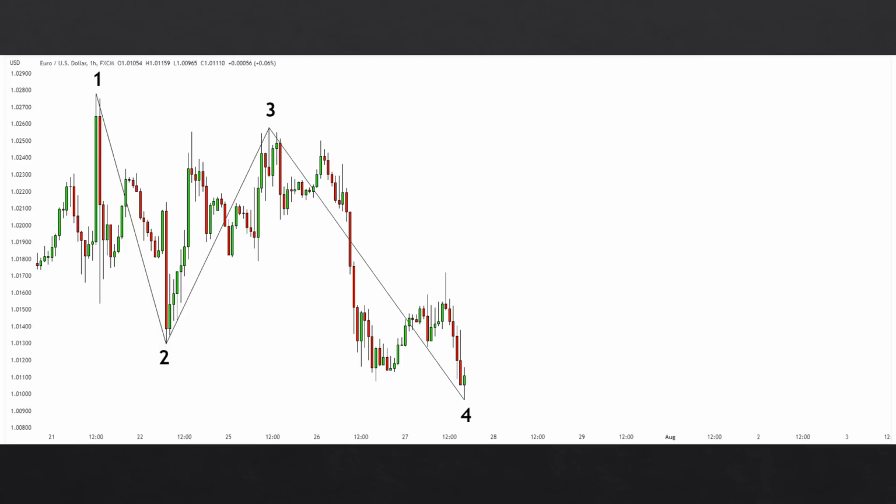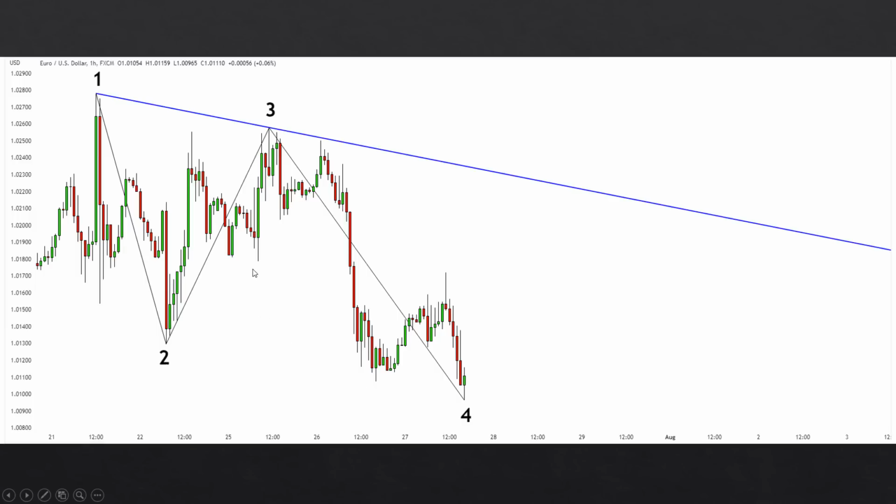We can start with one of the simplest ways, which is by using a channel in order to assess if the market has reached an extreme according to the recent geometry produced by price vectors. The way we would do this in a situation like this is to create a line connecting points 1 and 3, which will generate a line with a specific angle, and then duplicate this angle to the low in between the two highs that generated the angle in the first place.